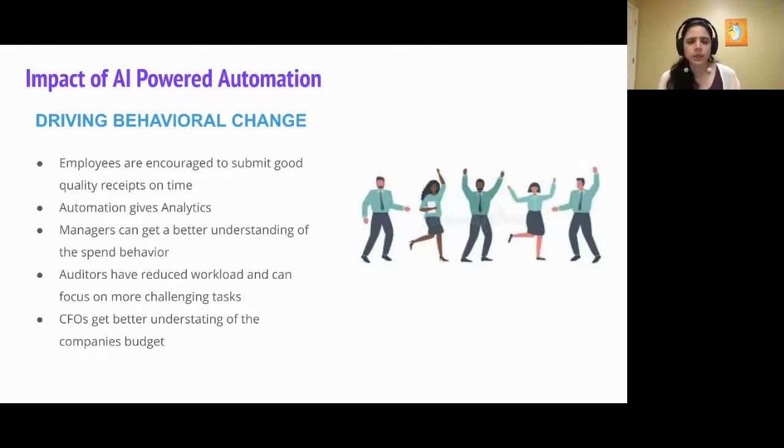As I mentioned earlier, auditors have a reduced workload, so they can focus on the challenging tasks. And finally, again, the CFOs can get better understanding of their company's budget, and they can plan accordingly.